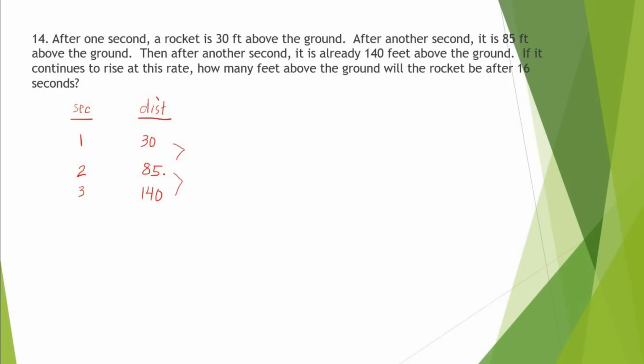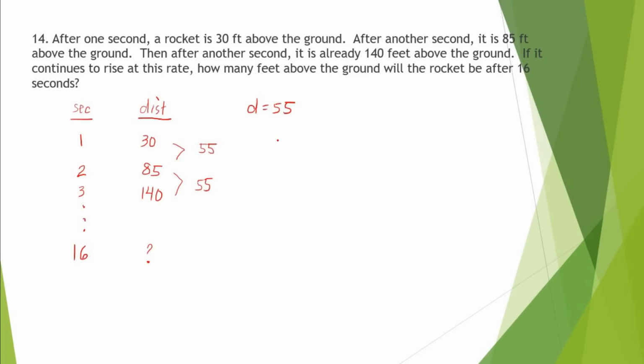So you notice we have 85 minus 30 is equal to 55, and 140 minus 85 is equal to 55. So we have a common difference equal to 55.